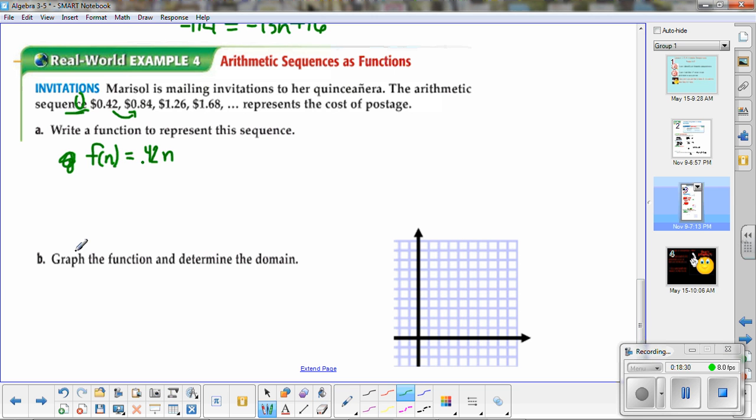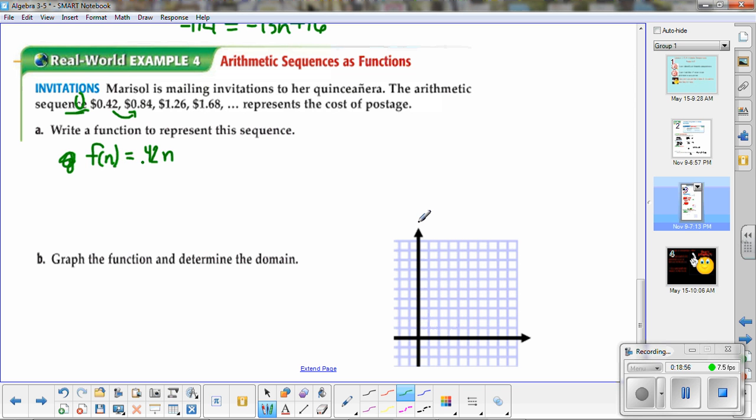If we wanted to graph this, we could just choose some different numbers. Well, actually, we can just go ahead and graph. Our first one is at 42 cents. Let's just count by ones on our graph.